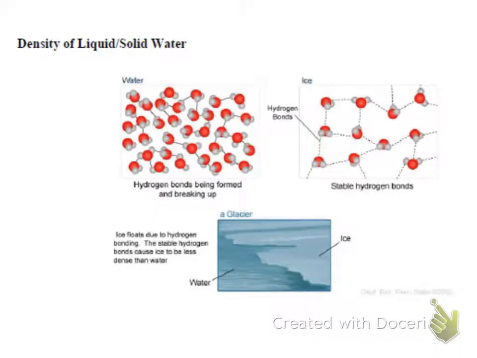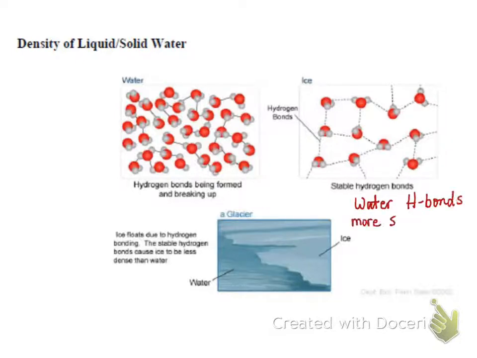The density of liquid and solid water is very, very unusual and very unique. Water can hydrogen bond in its liquid form, but the hydrogen bonds are formed and then they break and then they move around really easily. So they're always moving, and they're pretty close together. What happens when ice is formed is that the hydrogen bonds are more stable and more structured, and they're also a little bit farther apart.